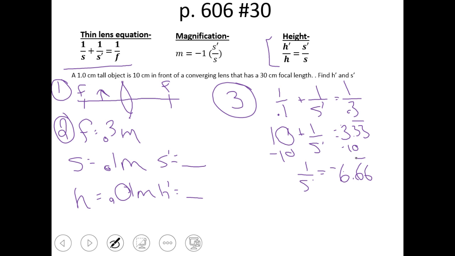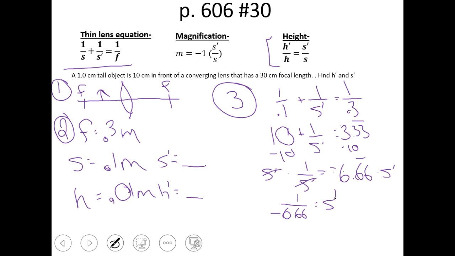repeating, right? And then I need to get s prime out of the denominator, so I multiply both sides by s prime, they are going to cancel on this side, and then I get 1 equals negative 6.66 times s prime. So I'm going to divide both sides by negative 6.66. So I get 1 divided by negative 6.66 equals s prime.